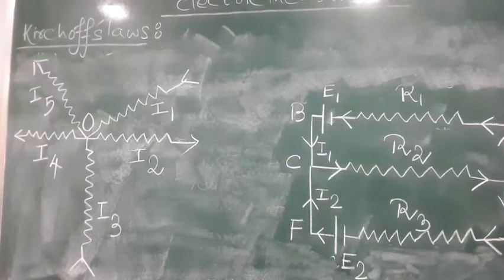That is, total current flowing towards the junction is equal to total current flowing out of the junction. Thus, Kirchoff's first law is based on the law of conservation of charge.